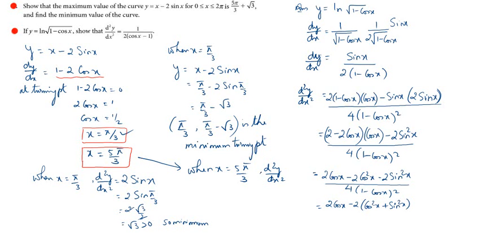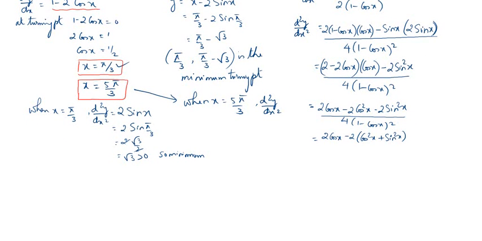So this is equal to, we have the denominator 4 into 1 minus cos x the whole square.